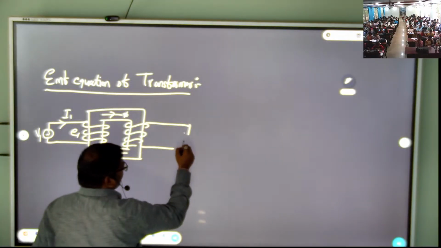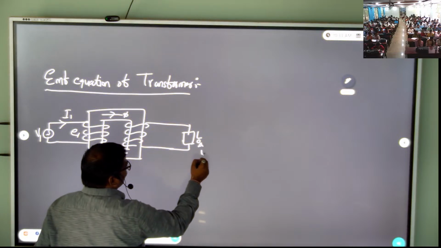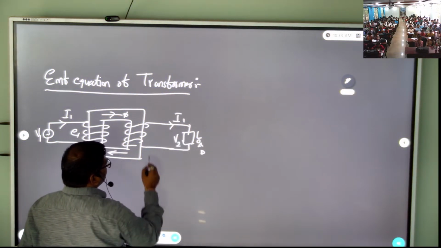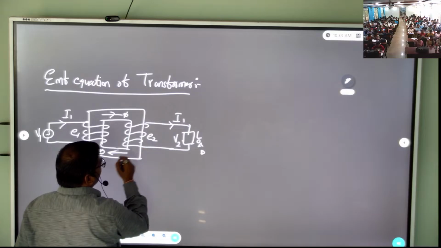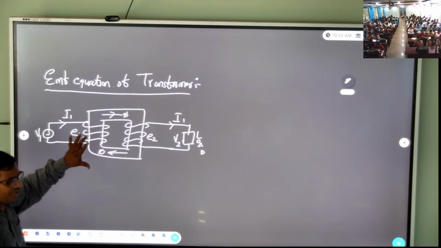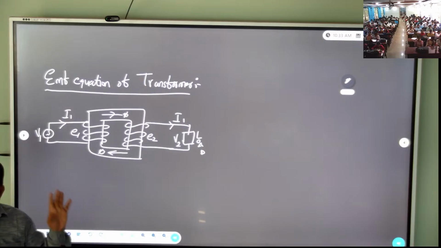Two windings are available. This is the secondary winding, and we are connecting this secondary winding to the load. So here we have secondary voltage, secondary current, secondary induced EMF.